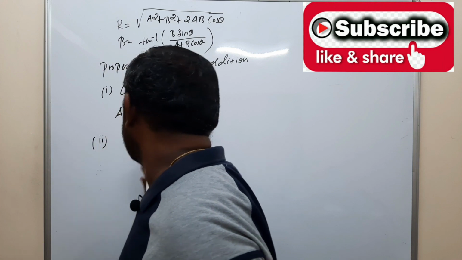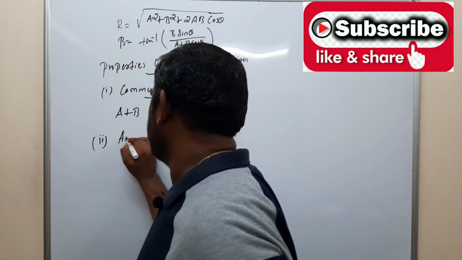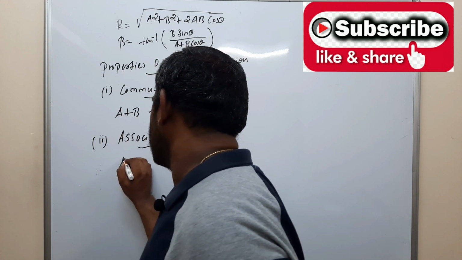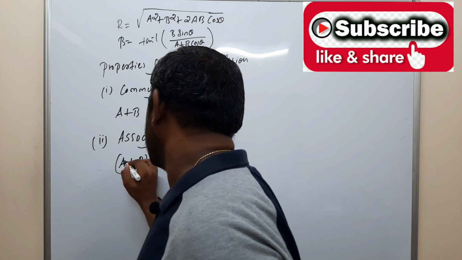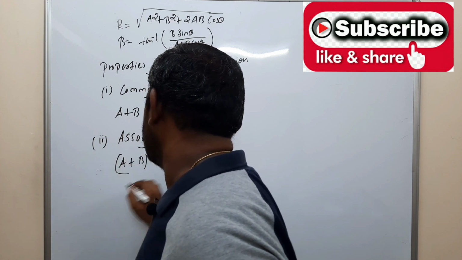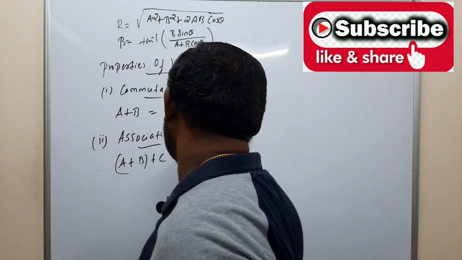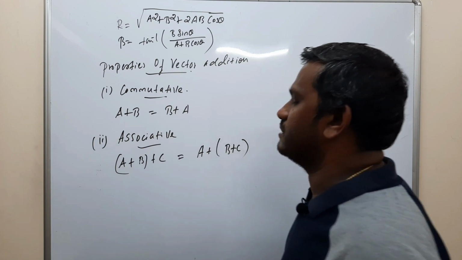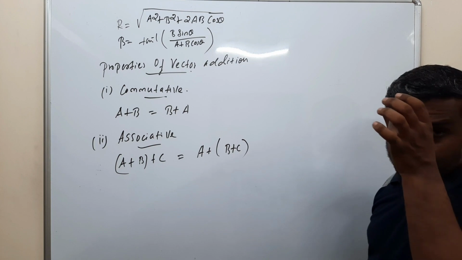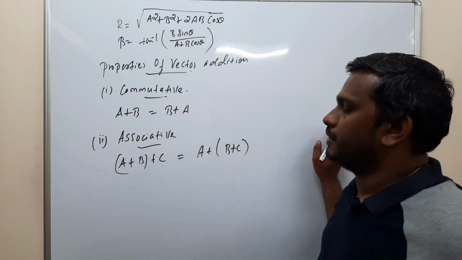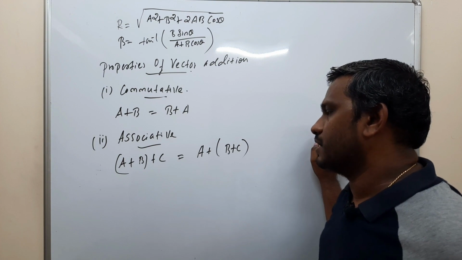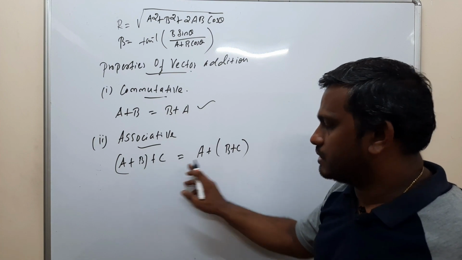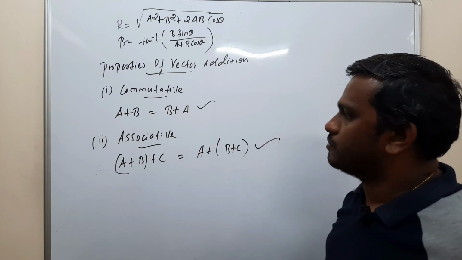The second property is that vector addition is associative, that is a vector plus b vector plus c vector, a plus b plus c, is equal to a plus b plus c grouped differently.